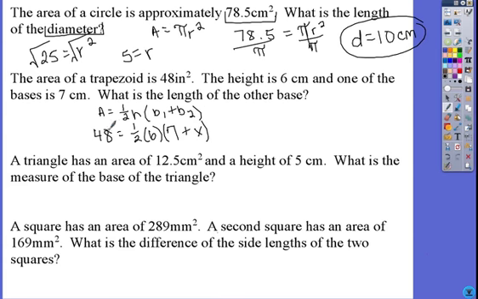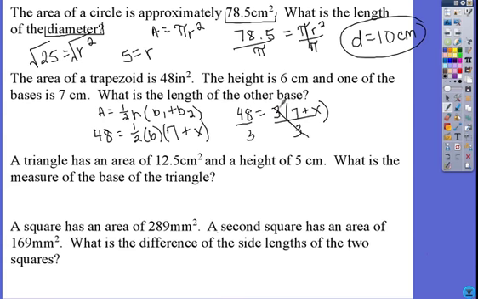Alright, so I need to simplify what I can. 48 equals, I'm going to go ahead and do 1/2 times 6, or 6 divided by 2, that's 3, times 7 plus x. Okay, I have two options from here. I can either distribute and then divide and subtract, or I can go ahead, since this term is in parentheses, I can go ahead and divide both sides by 3.